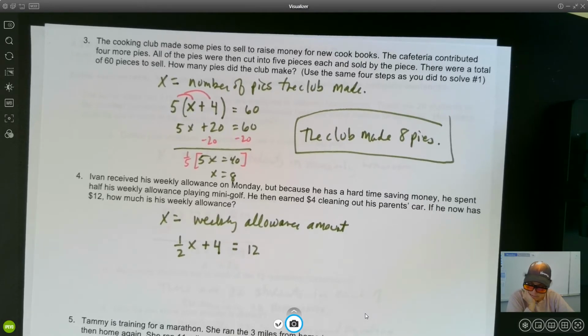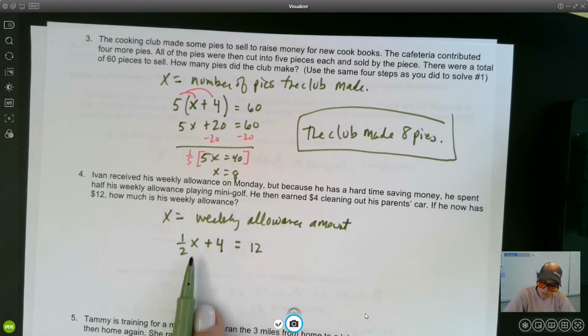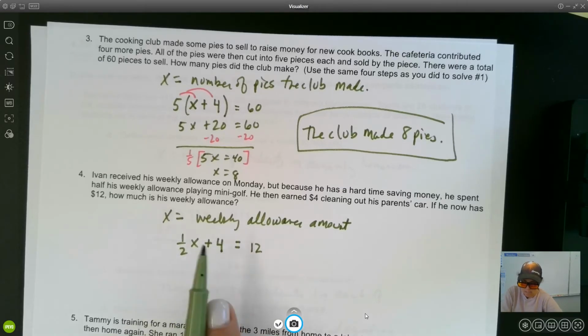He then earned $4 cleaning out his parents' car. Okay, so this is how much he has left after he spends half of it on playing mini golf, plus the $4 he gets from his parents' car cleaning, and he's got $12. So this will tell us when we solve this how much is his weekly allowance.